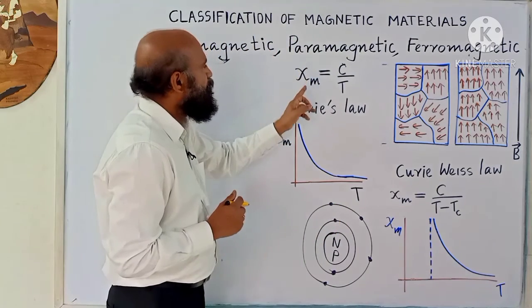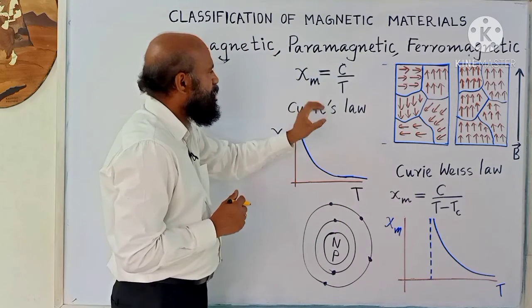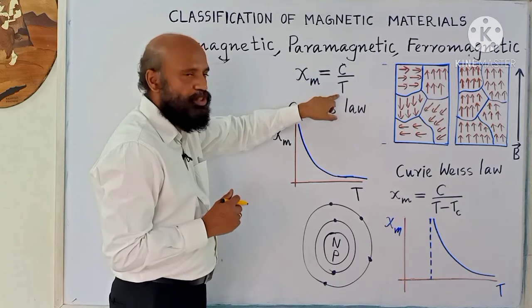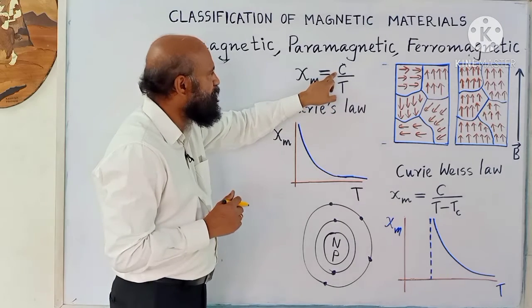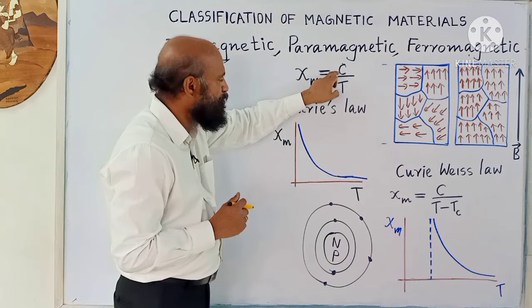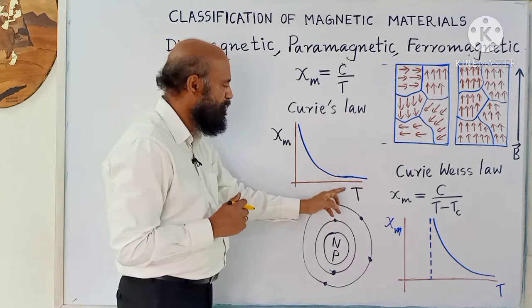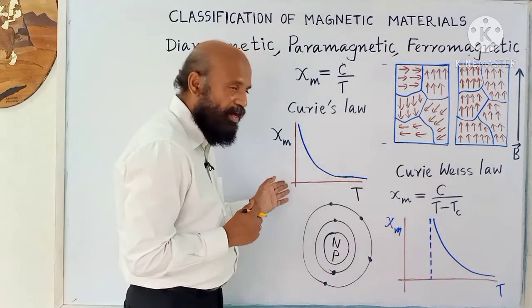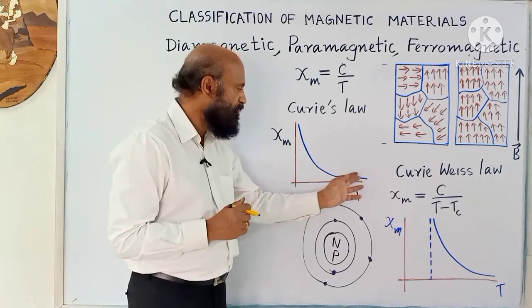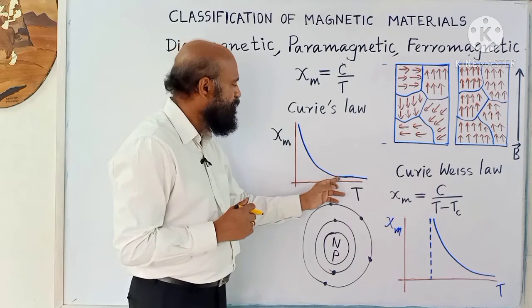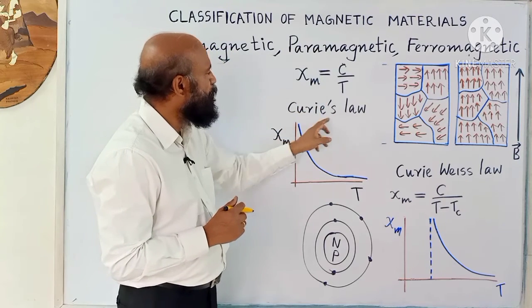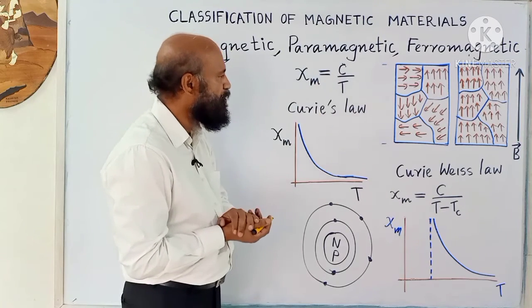Now, Curie's law. Susceptibility is inversely proportional to the temperature, where C is the constant, Curie's constant. See the graph, susceptibility versus temperature. Temperature is marked along the x-axis. As the temperature increases, susceptibility is going on decreasing. This is known as Curie's law, and C is called Curie's constant.